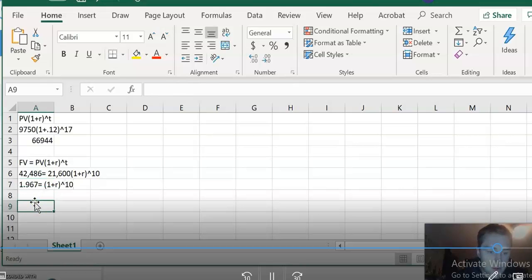And then you take the 10th root of 1.967 minus 1, which gives you a final answer of 0.069, which equals a 7% interest rate for this problem.